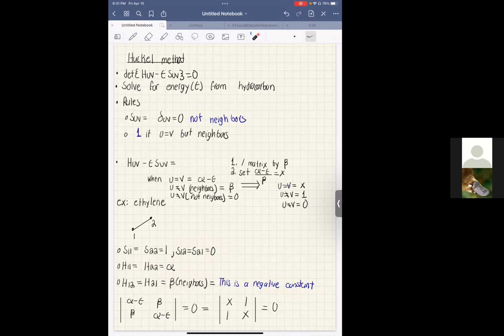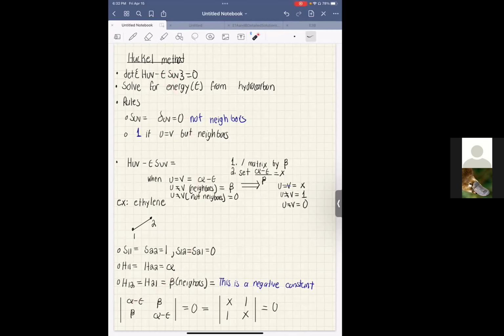From here, this relates back to H_UV minus E S_UV. H11 is equal to alpha, minus 1 times E, and the off-diagonal term is beta. For H22 minus E S22, it's alpha minus E. We have to solve the determinant and set it equal to 0.